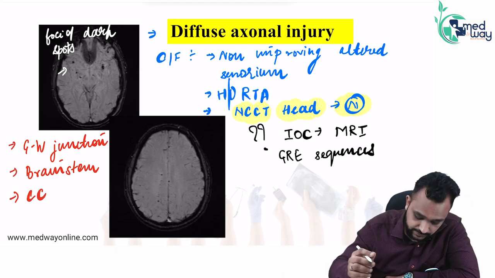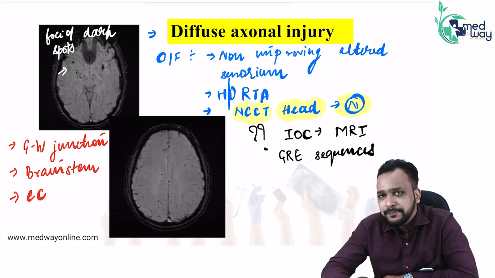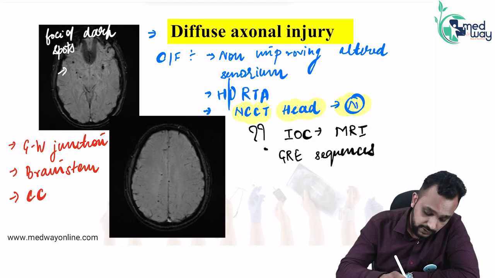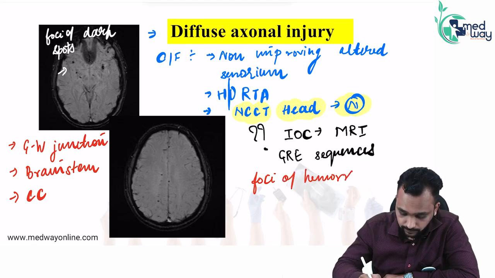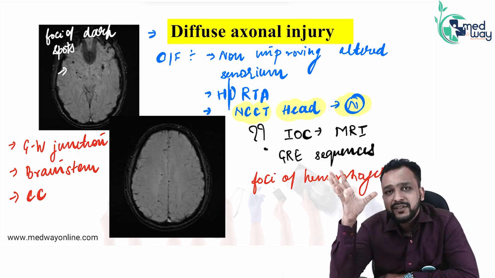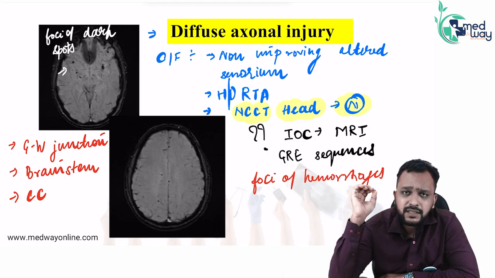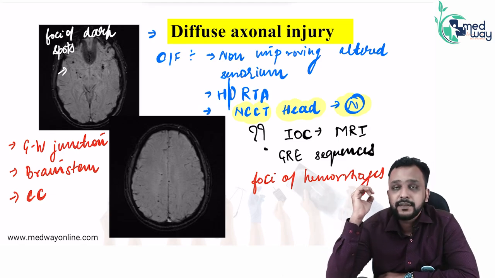So these are the three main areas where these black spots can be seen, and these black spots are nothing, these are foci of hemorrhages. And these foci of hemorrhages appear dark on the GRE sequence, and we call it as blooming foci on the susceptibility weighted images or gradient sequences, right?